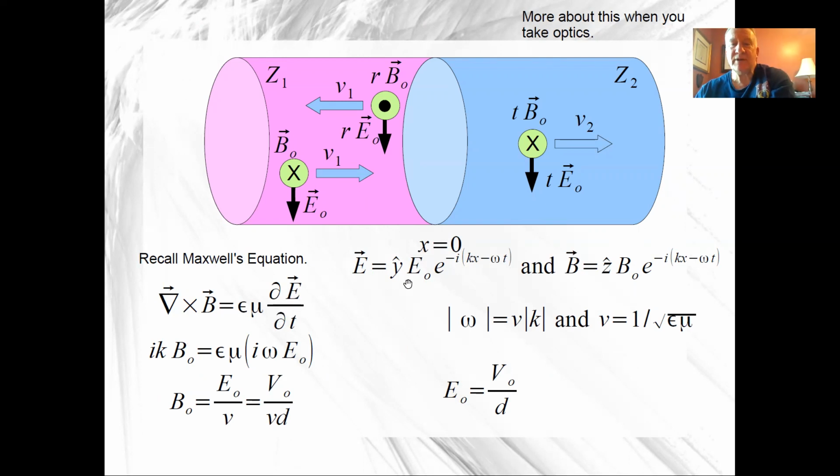And if we take the time derivative of E, we get minus i times minus omega, which is i omega. However, don't forget that omega is equal to Vk, and V is equal to 1 over the square root of epsilon naught mu naught. So what we end up with is that B naught is equal to E over V, and E is equal to the voltage over the distance.